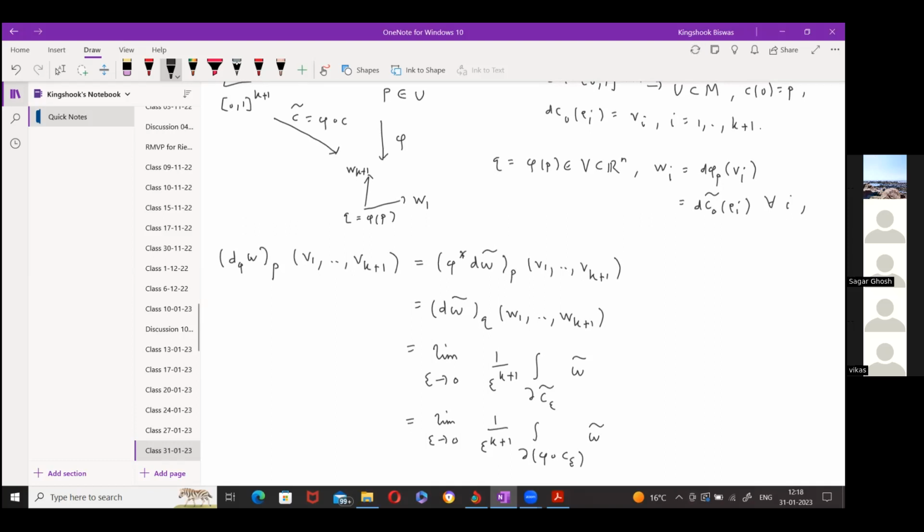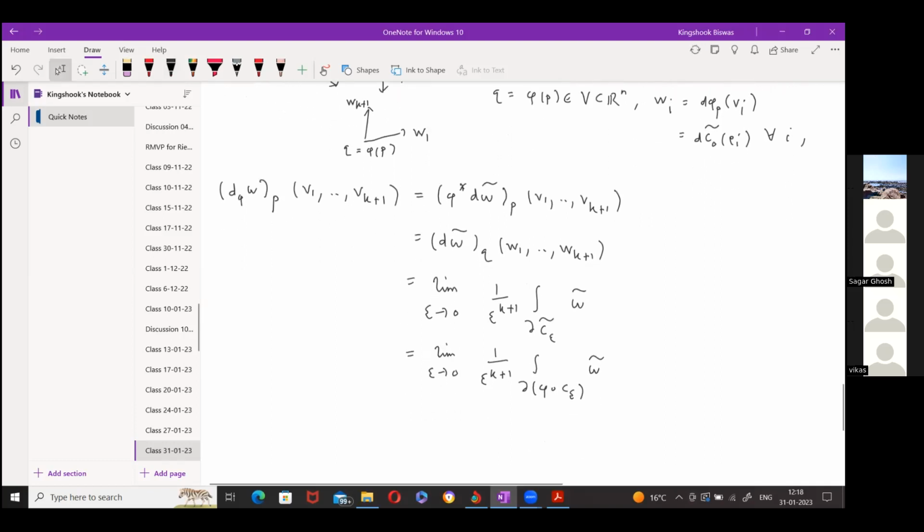But now when I integrate over a face of phi composed with C epsilon, how do I do that? Remember what we have when we defined integration? You have to pull back the form by the map, right?